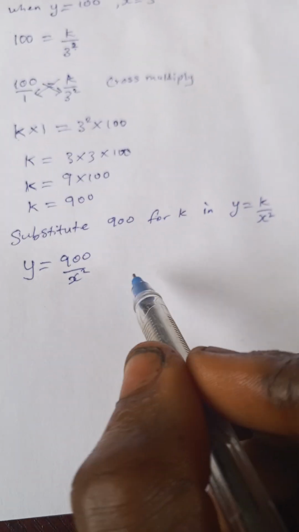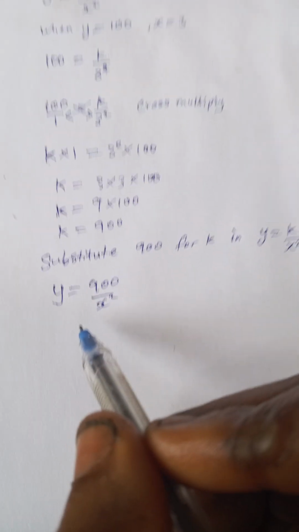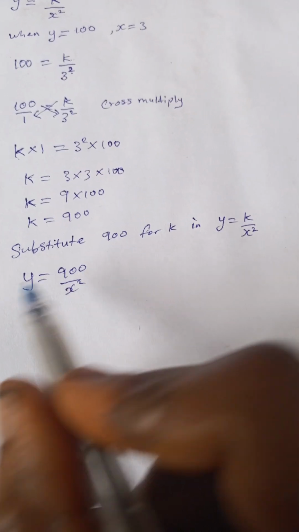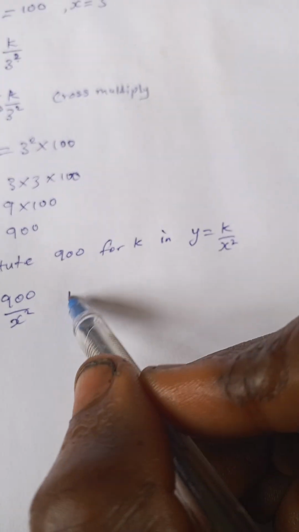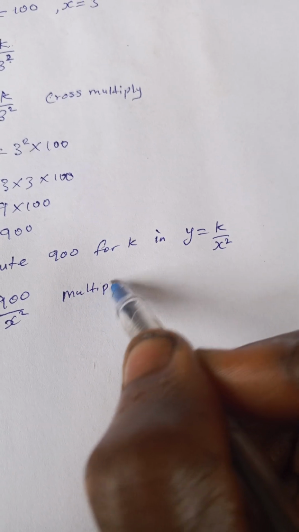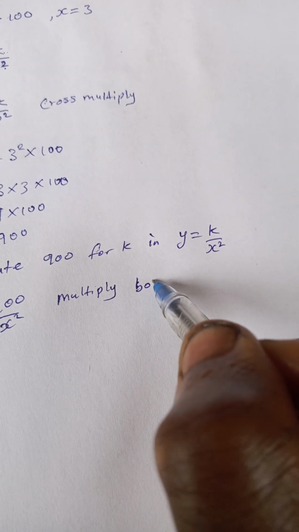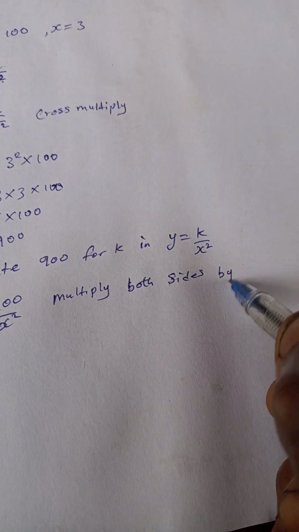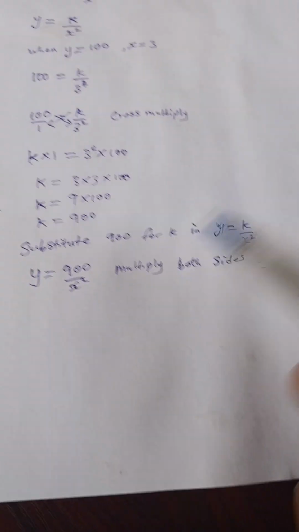We are going to get rid of the fraction from the equation we have, and by so doing we're going to multiply both sides by the denominator of the fraction.